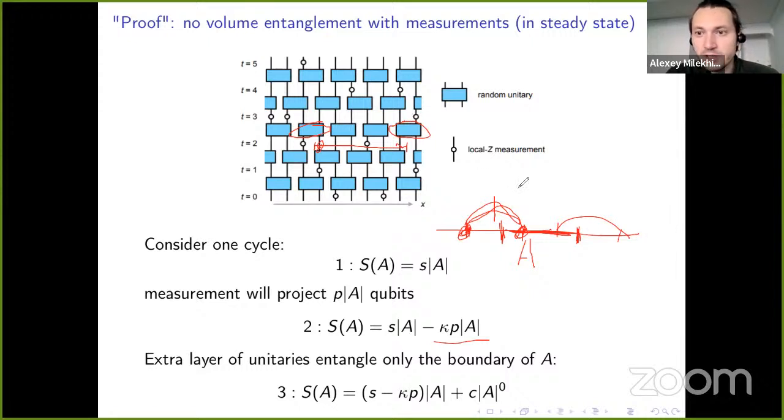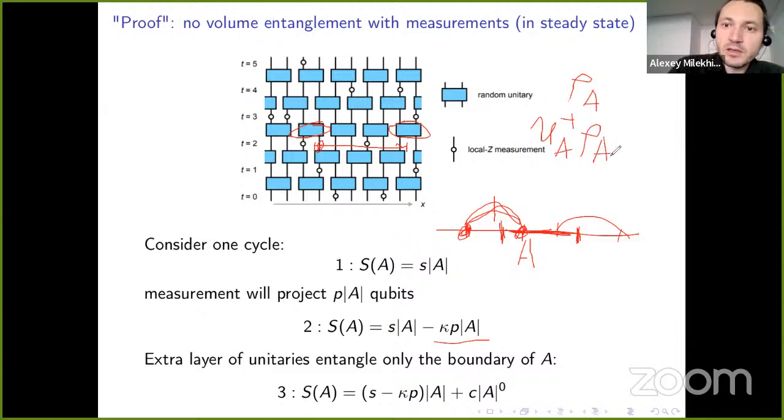You can check that if you have some state on A, and then you act with a unitary matrix just within A, it doesn't change the entanglement.